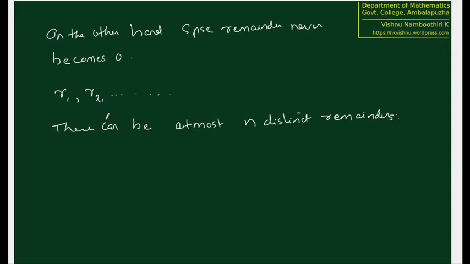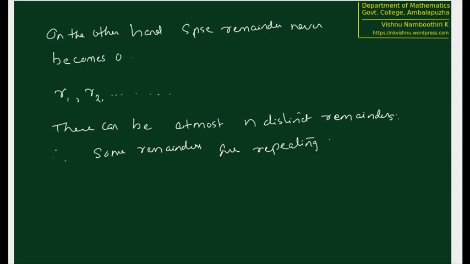So if the sequence is going on indefinitely, then some of the remainders must definitely be repeating. Suppose that r1, r2, etc. up to rm are all distinct, and r(m plus 1) is one of the previous remainders. Some remainders are repeating because of the pigeonhole principle: if there are n holes and more than n pigeons, then at least 2 of the pigeons must share the same hole.